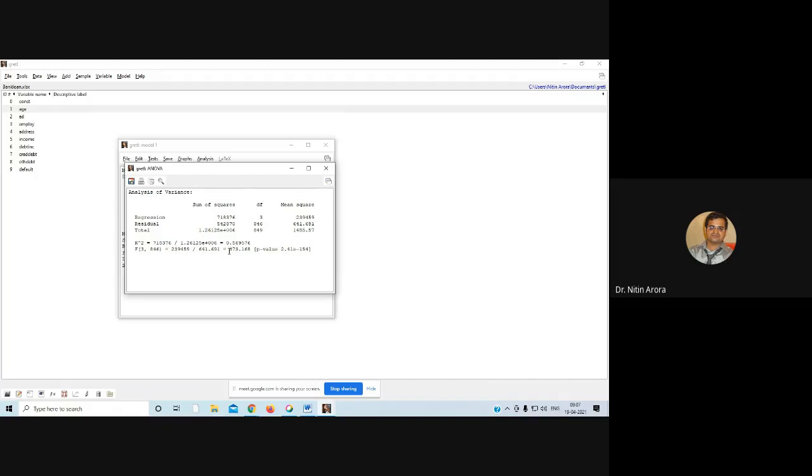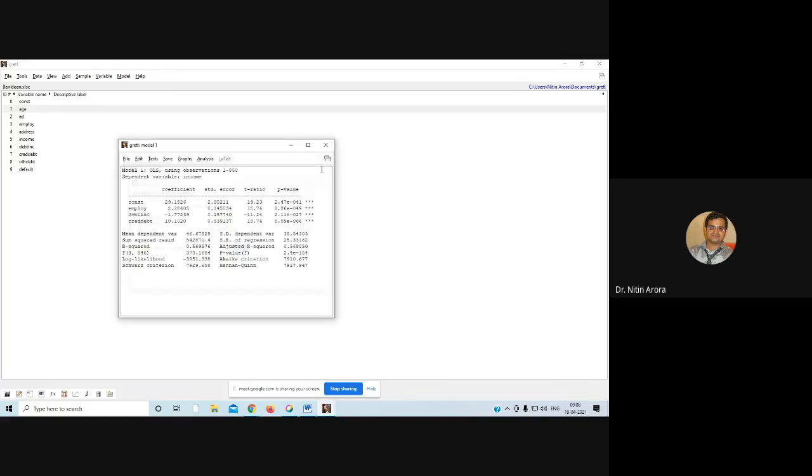This F statistic is available with p-value 0.000. We can observe that F is statistically significant, so the overall fit is good. All the slope parameters, or at least one slope parameter, significantly differ from zero, so the fit is good. A significant variation in the level of income is explained by the three variables we have included in our model.